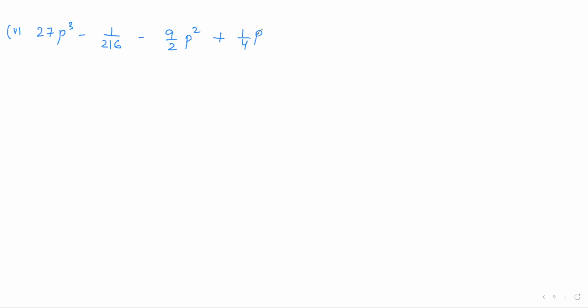Now one number is actually in the form of a fraction here. Again, you use this identity that x minus y whole cube is actually x cube minus y cube minus 3xy into x minus y. I'm going to compare it with this identity. So how can I write it?